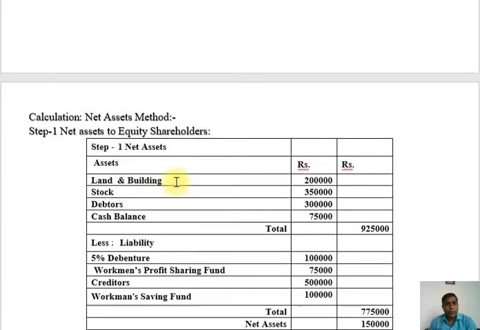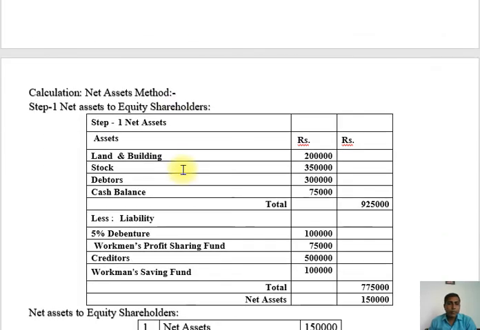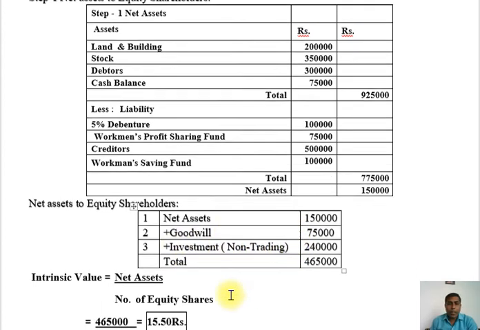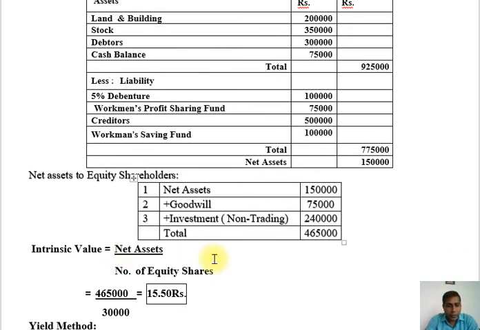Once again you can see in yield method, when there is no given goodwill value, you must first find out goodwill value, and then after you make this table: net assets to equity shareholder, net assets, goodwill, investment. You must include goodwill and investment in your net assets. Then after you find out number of equity shares.